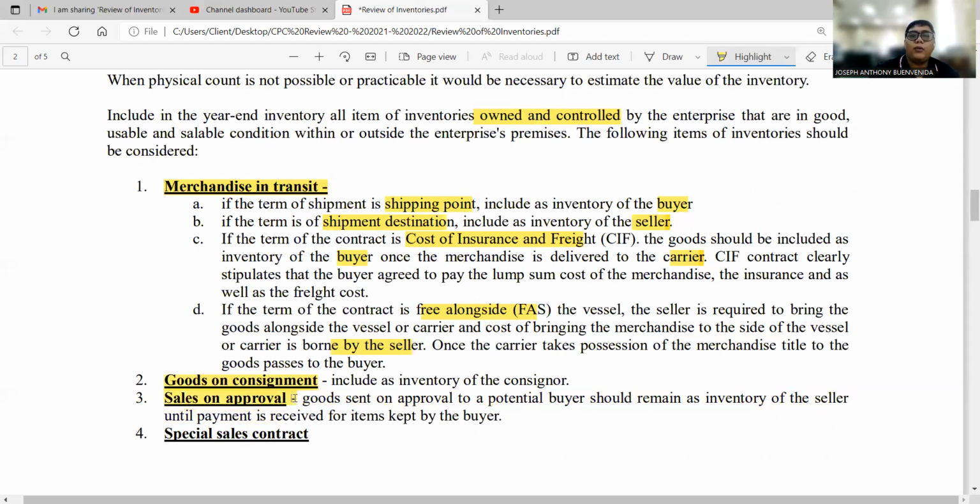Next is the sales on approval. Anong sales on approval, no? Sales on approval is goods sent on approval to a potential buyer. Do parang trial period, no? Like for example, inang mga pagbakal mo, parang try mo muna, no, for 7 days, then kung hindi mo gusto, ibalik mo sa amon.